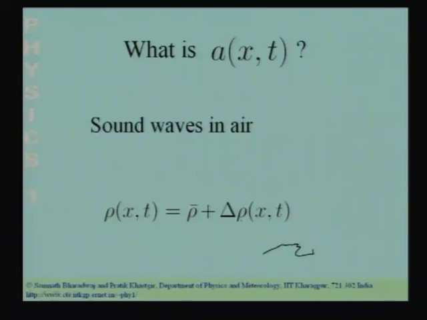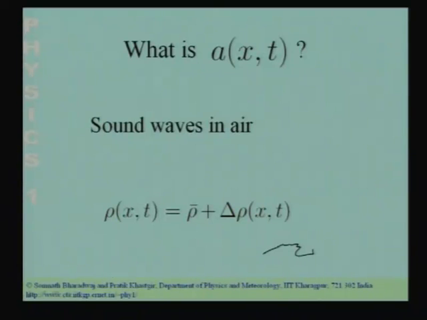Now, we know that when you have a sound wave in air, and the disturbance is propagating in this direction, the change in the density is also in the same direction. The density gets contracted and rarefied in the same direction in which the wave is propagating. Such a wave is called a longitudinal wave. So, sound wave is a longitudinal wave, and the quantity that actually varies with x and t is the fluctuation in the density, and A of t represents this change in the density.